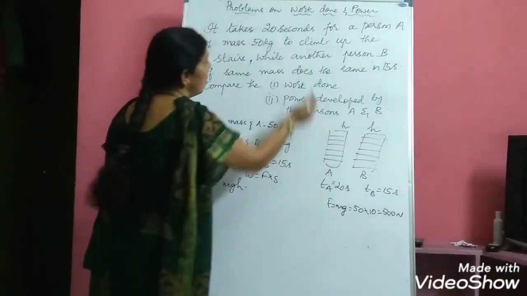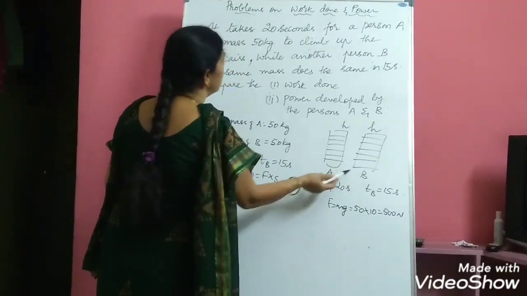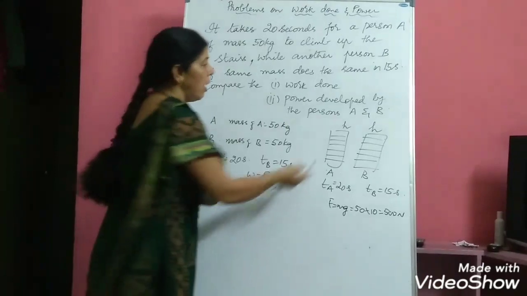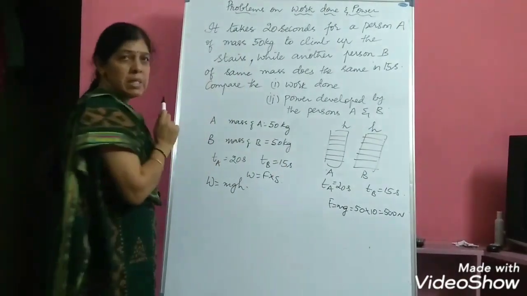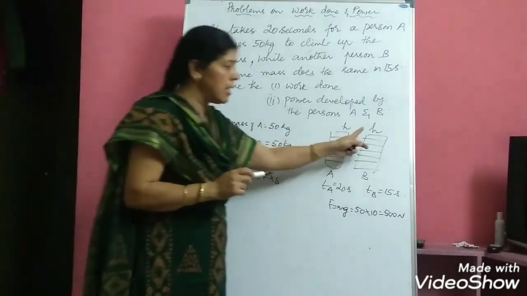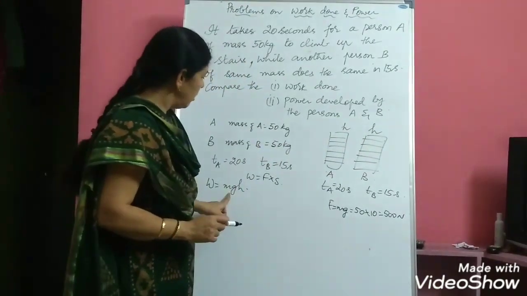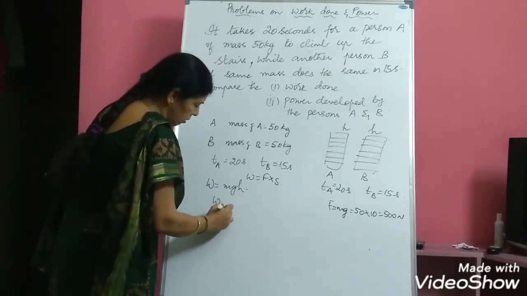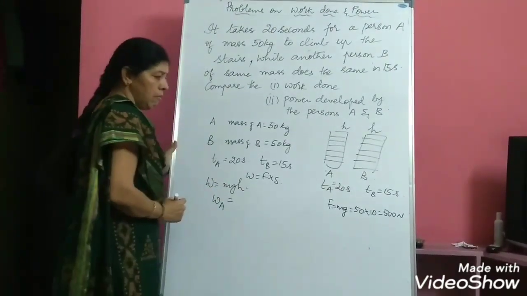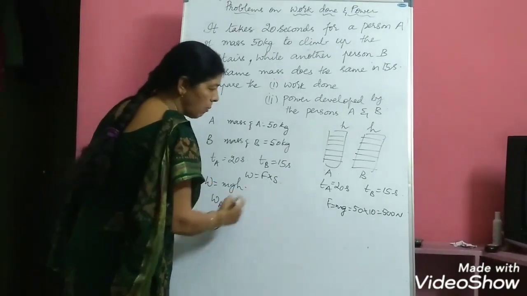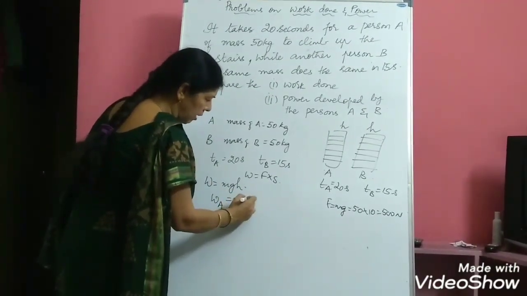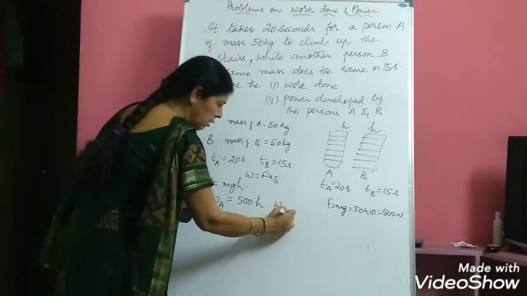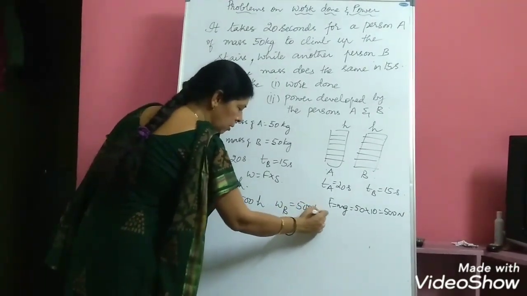And as the problem tells that both are climbing up the stairs, the displacement of both A and B is the same. He has not given the displacement here, so just take it as h. The work done will be the same for both. Work done by A will be equal to mg, which is 500 into h. Work done by B again is 500 into h.